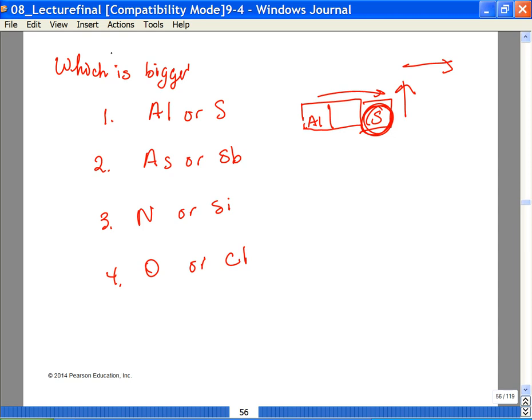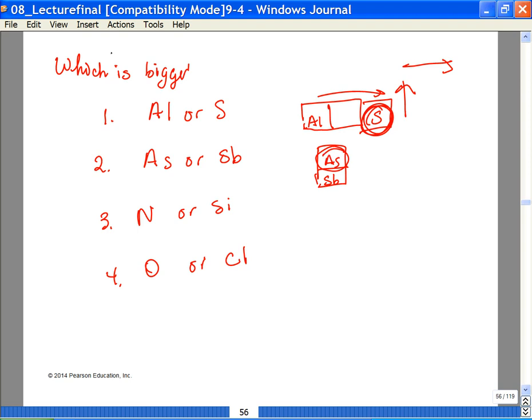Arsenic or antimony, they're in the same family, family 5. So this is arsenic, this is antimony. The trend tells us that we get larger as we go up, right? So which one is biggest?